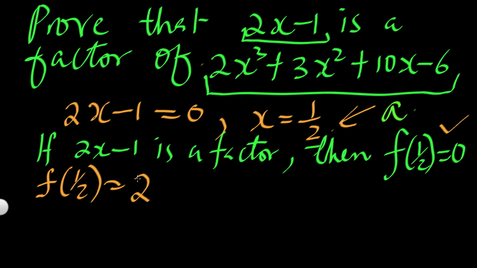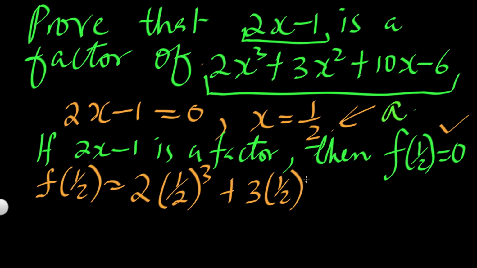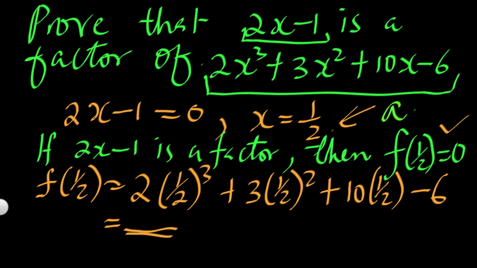So this is 2 times half cubed plus 3 times half squared plus 10 times half minus 6. I punch it into my calculator. If I don't get a 0, then I can say no, it's not a factor. But if I get a 0, it means it is a factor.